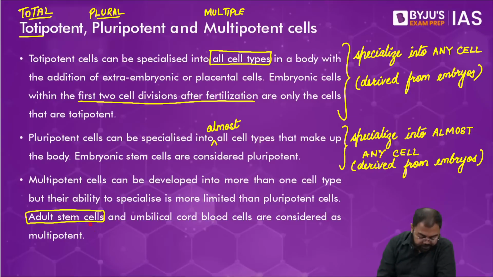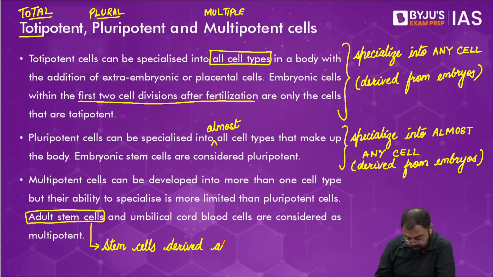So adult stem cells mean stem cells derived after the birth. So that is called an adult stem cell.